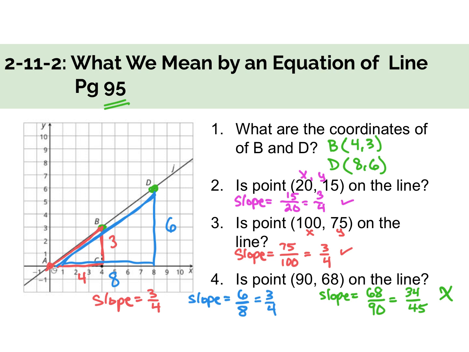And again, this only works where it is 0 comma 0. But notice how we can make all of those slope triangles as long as that line goes through. Is it the same slope? No, it is not. And again, we're looking at the change of y over the change of x. So we're just looking at our slopes. We're drawing slopes on a line and looking at those things themselves.